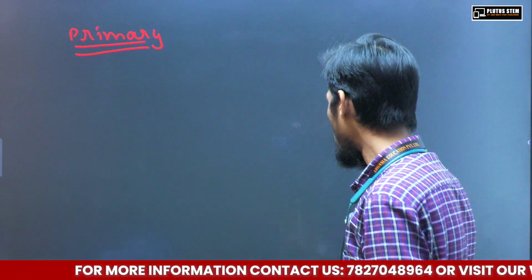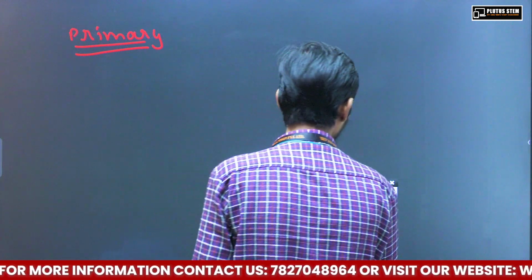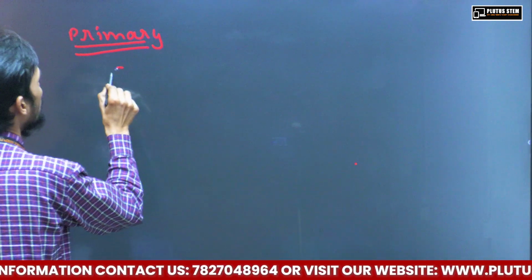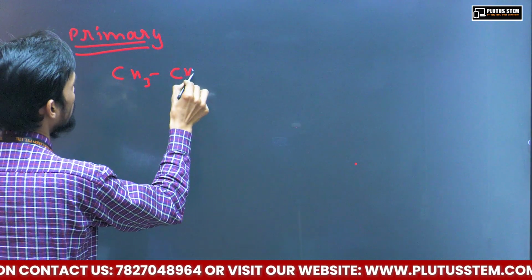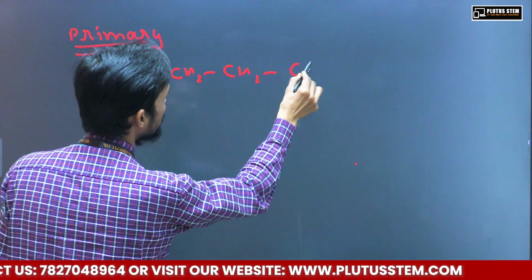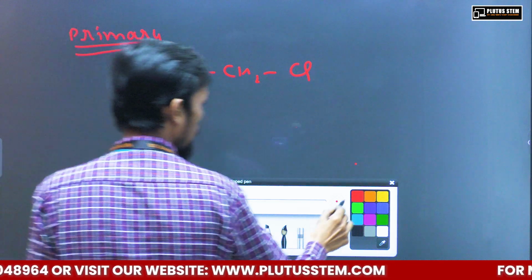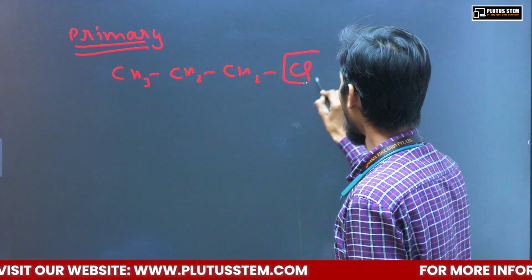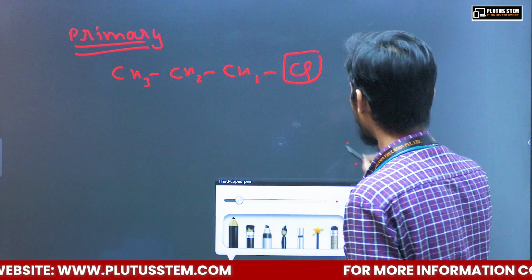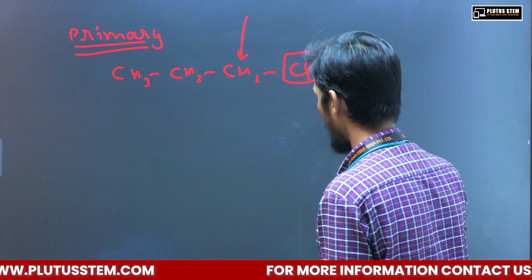So this will be simply a primary halide if we are seeing CH3, CH2, CH2Cl. In this, if you see, this halogen is attached to which carbon? This carbon.